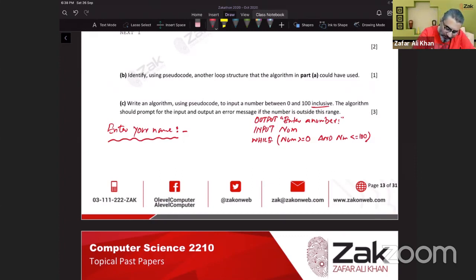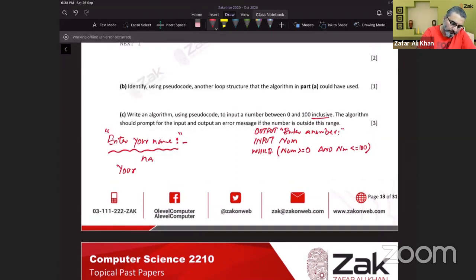This is actually a string which needs to appear on the screen. This is for input. And if it is being output, then it says your name is Ali. So this is a complete output, but out of this, this part will be regarded as a prompt.